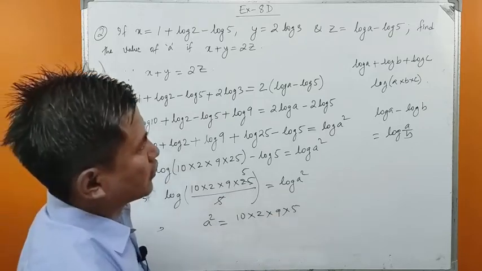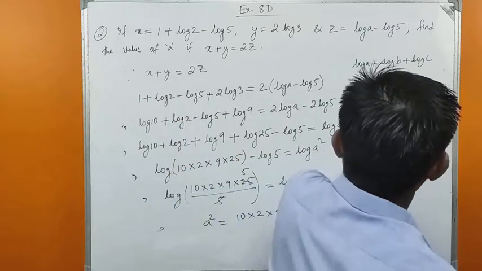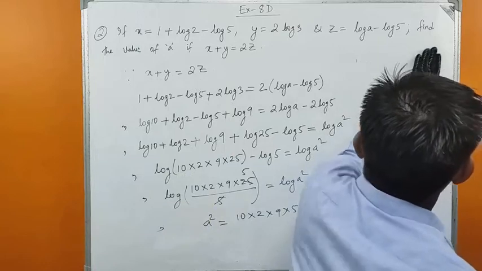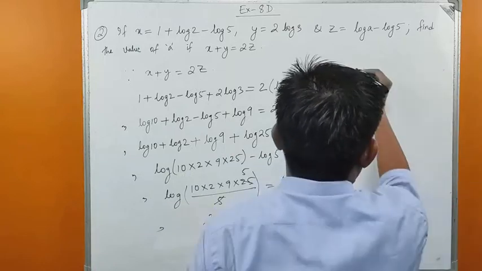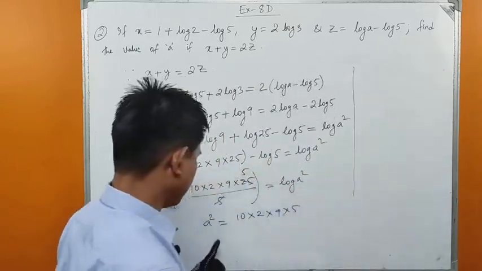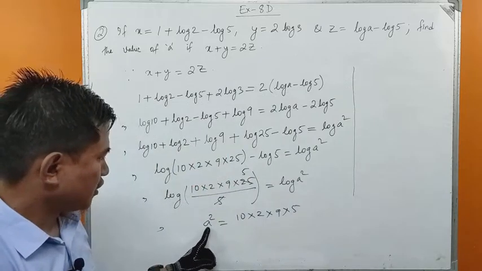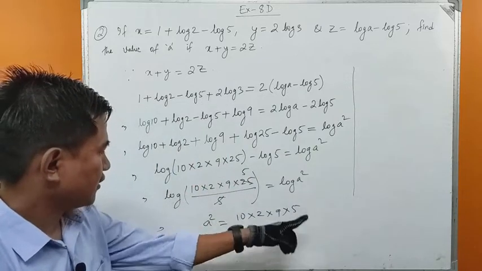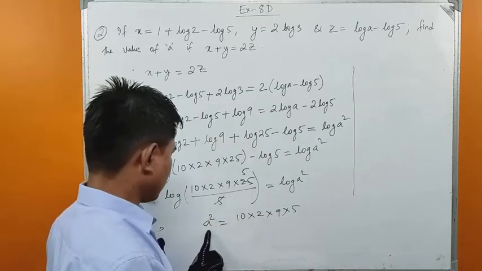Every number has 1 in the denominator, so we need not write that. This gives us a squared, so we take this square to the right hand side.